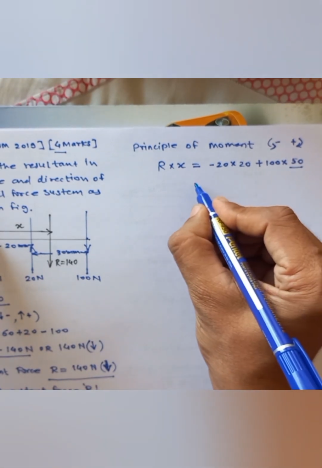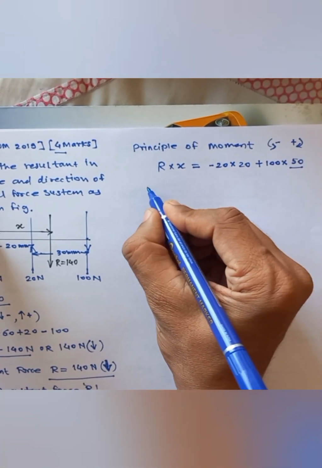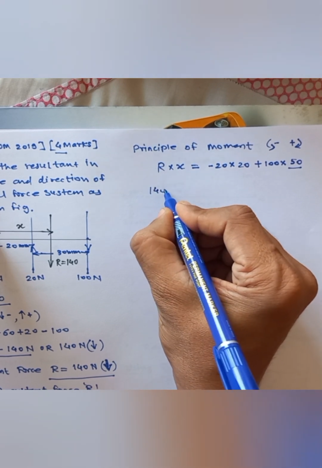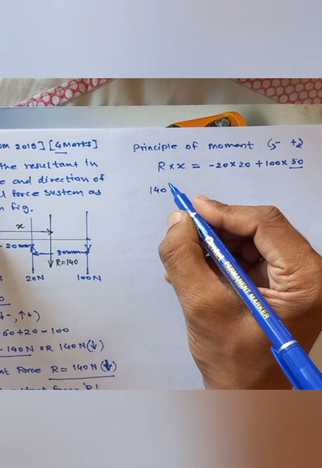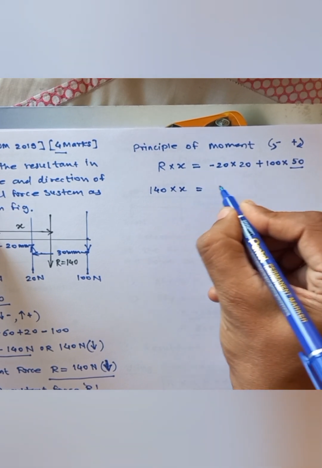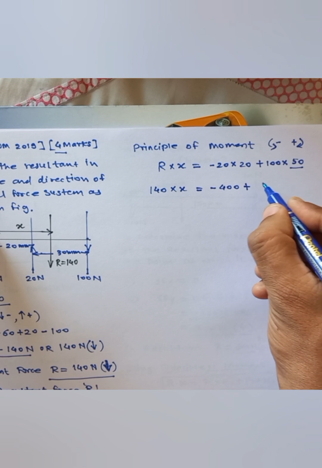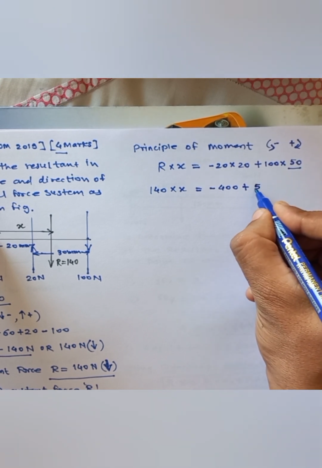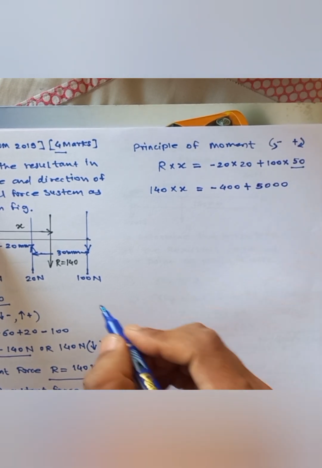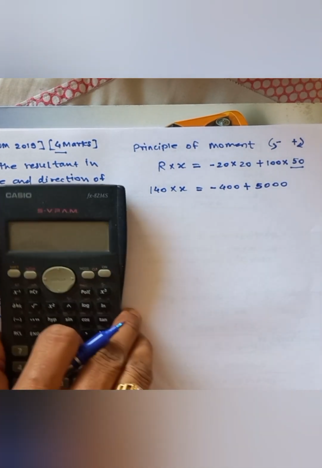We know the value of R, that is 140, into x equals minus 400 plus 5000. Let us use the calculator.